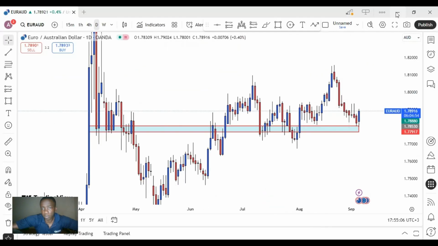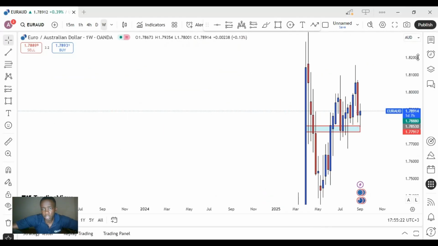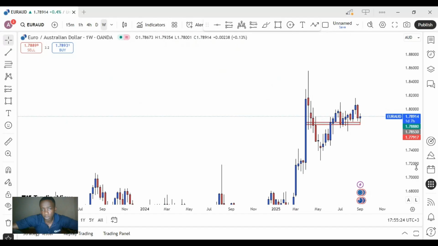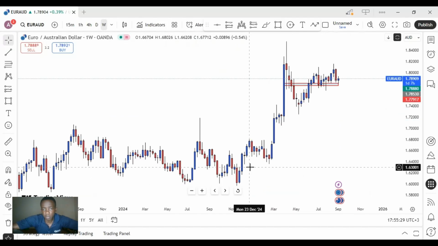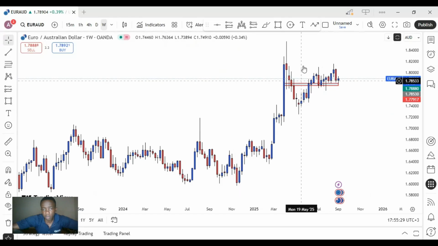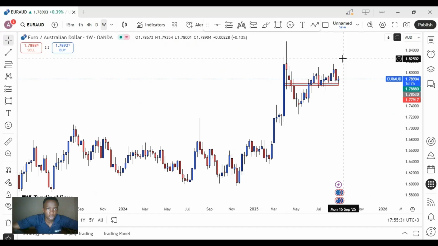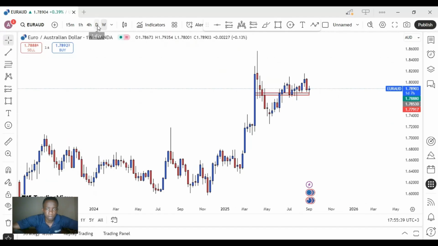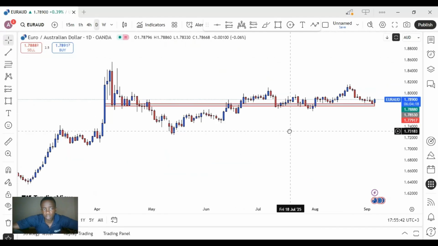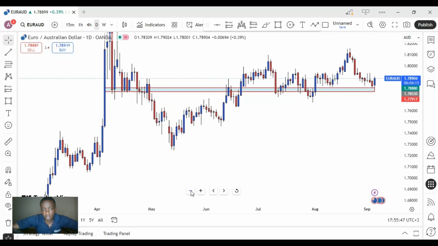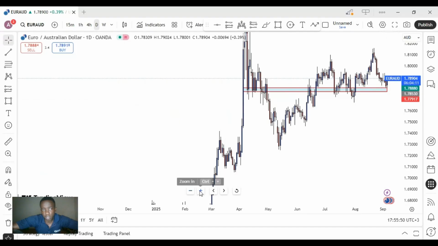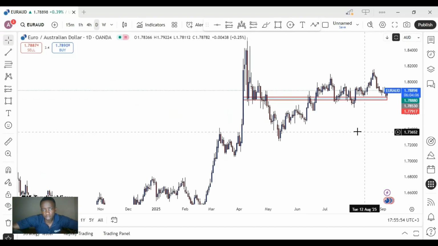If we look at the weekly time frame right here, we see that the trend is majorly to the upside. Then if we go to the daily time frame, basically here I use top-down analysis, analyzing from the higher time frames down to the lower time frames.